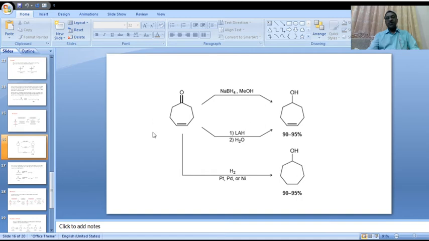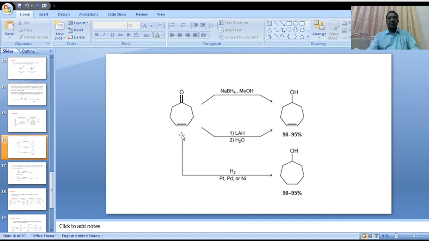When we go to another type of reduction reaction in presence of strong reducing agents, for example platinum, palladium or nickel, there is addition of hydrogen, here H2.